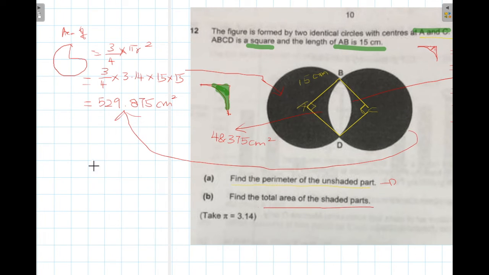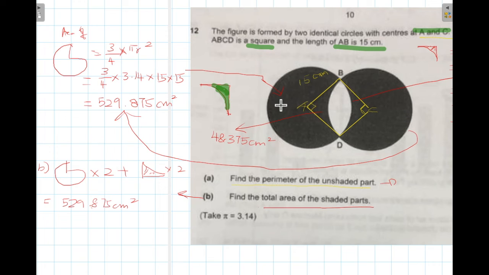Okay, so what will be the total area of the shaded? The total area of the shaded will be this quarter part times 2, then you add this 529.875 centimeter squared.